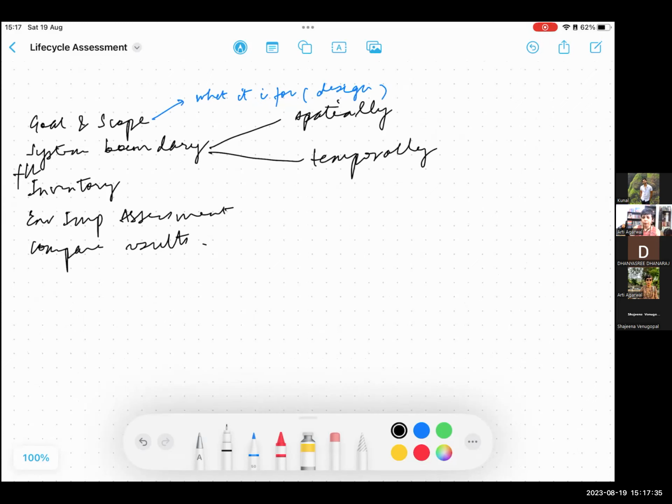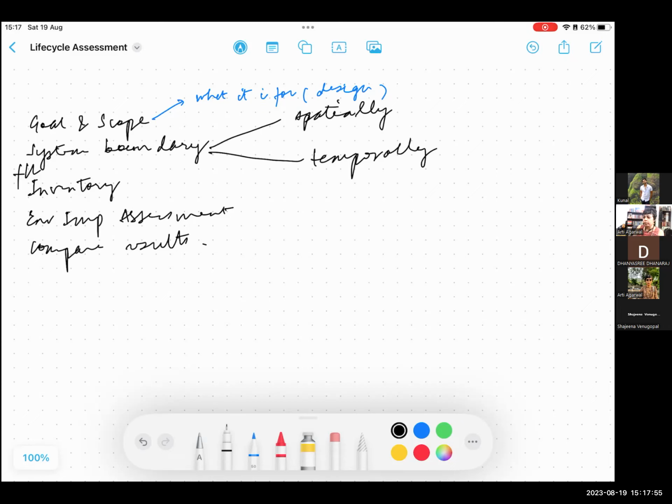Okay. So your understanding is partially correct. It's not wrong. It's just that you can make it even simpler. When we say spatially, for example, if you're just holding a coffee mug and you want to define your system boundary spatially, it's not that difficult to do.